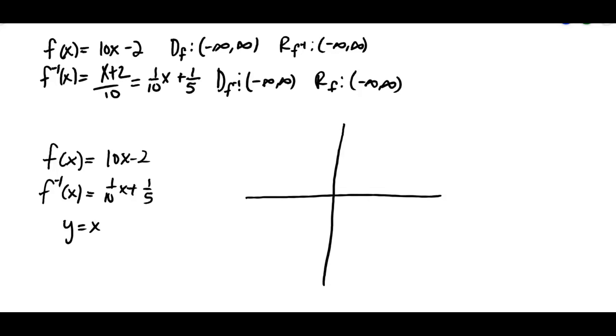So f of x is a linear function, and it has a y-intercept at -2 and a slope of 10. I'm going to rise 10 and run 1. So I get this line here.